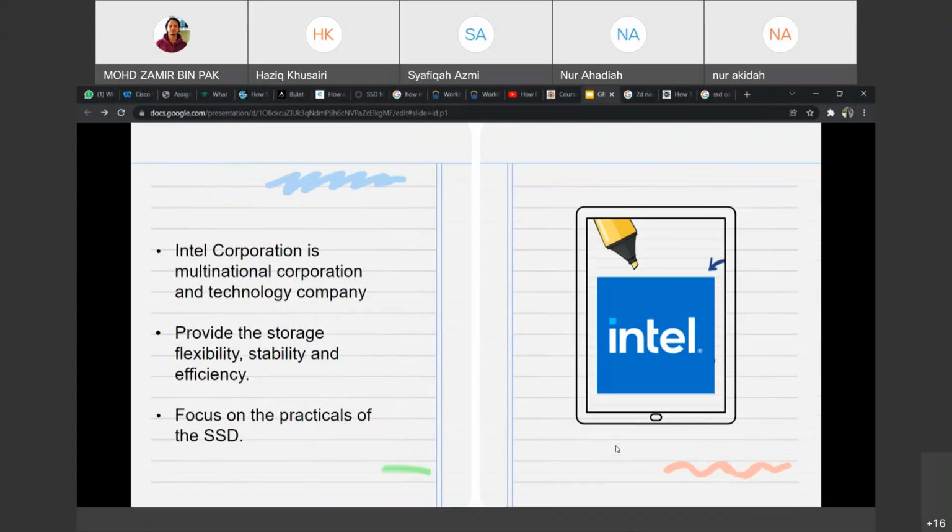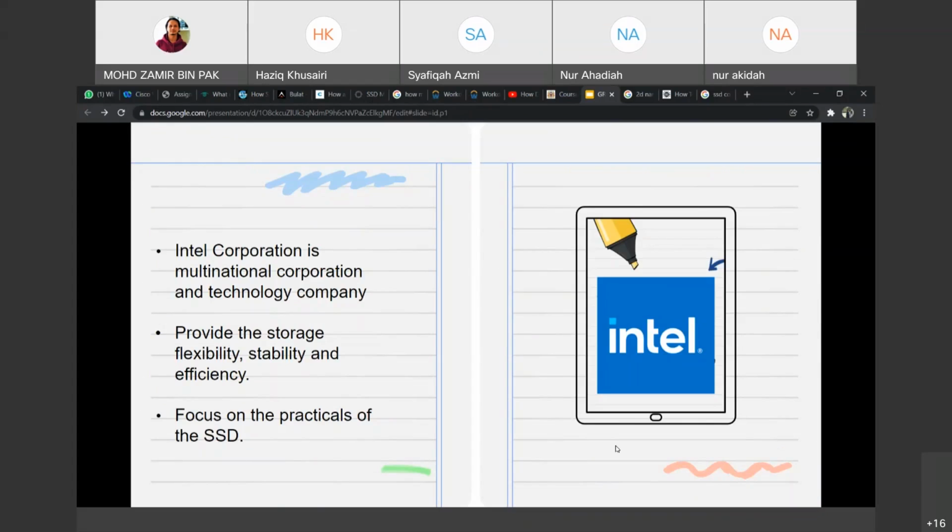The next is Intel Corporation. Intel is a multinational corporation and technology company that provides technically advanced products that support every level of computing, and their SSDs provide storage flexibility, stability, and efficiency.